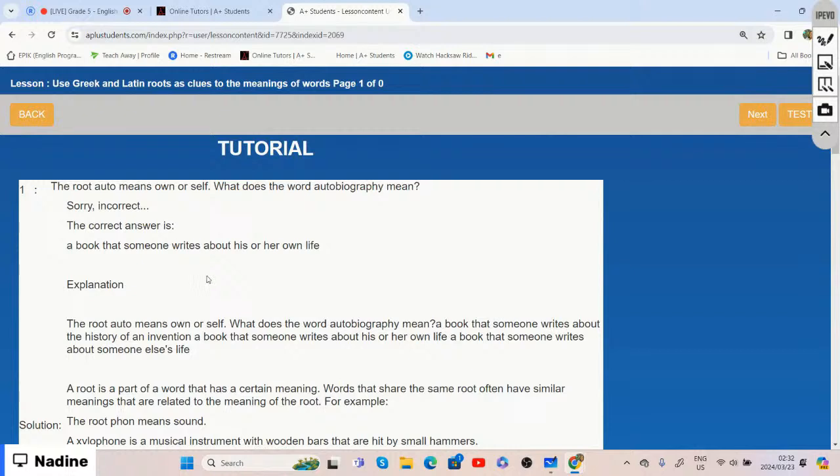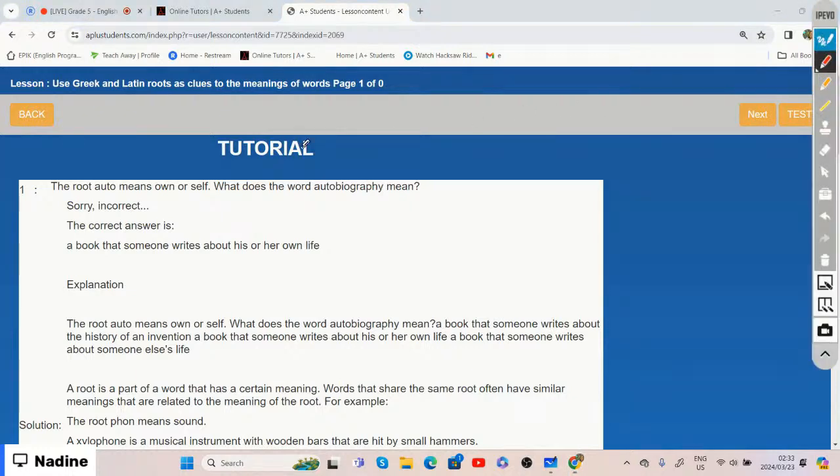So if we look at here, it says the root auto. So the root auto means own or self, right? So now they want to know, what does the word autobiography mean?